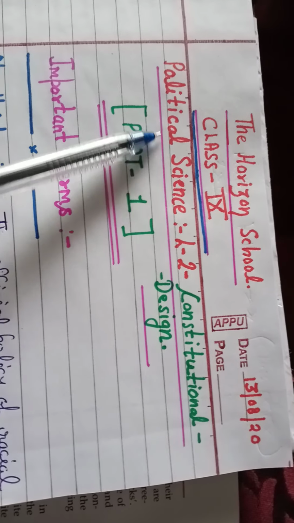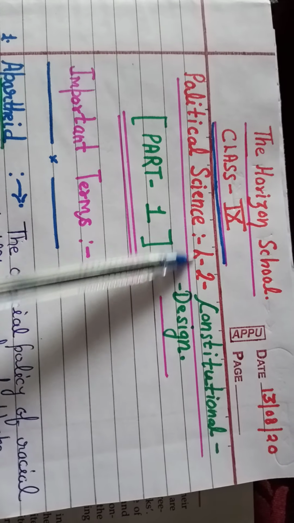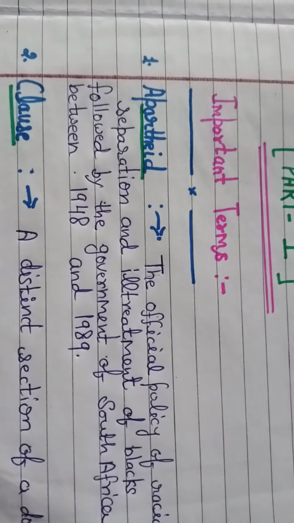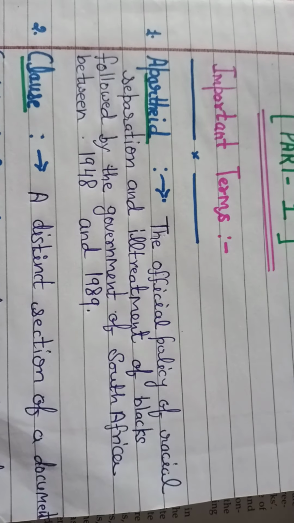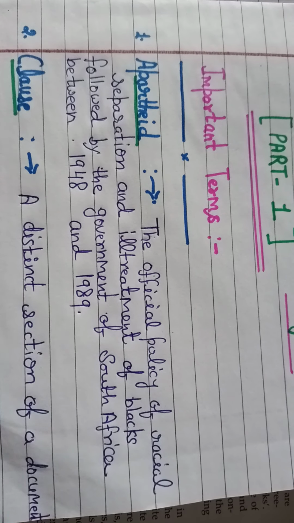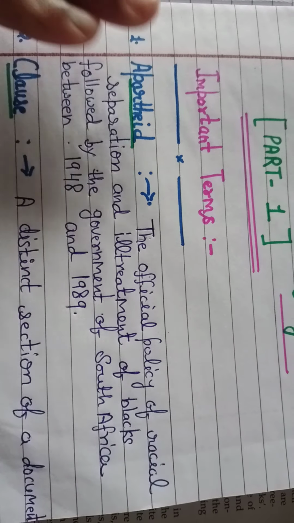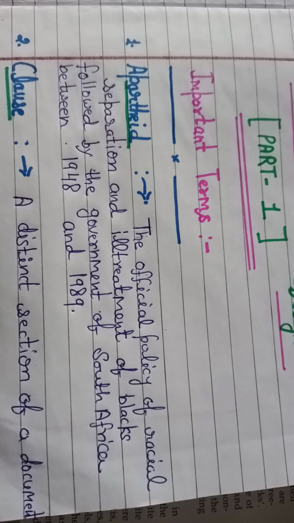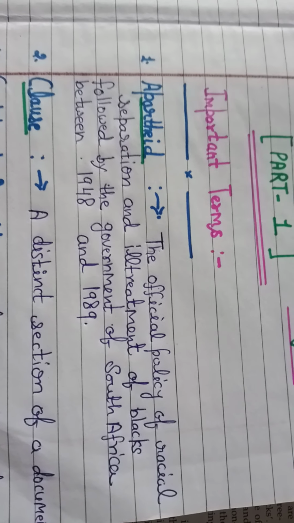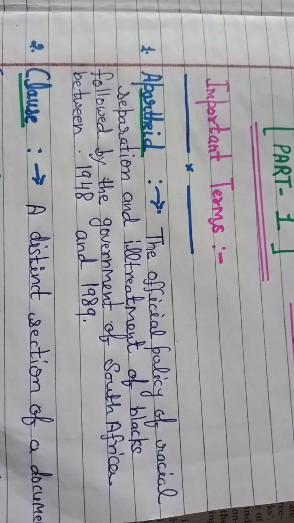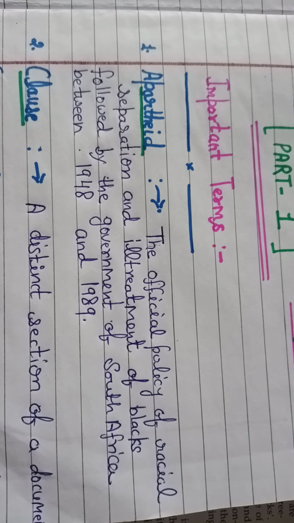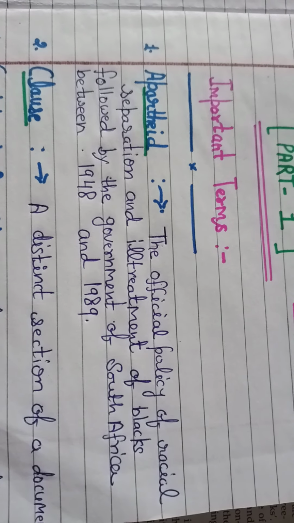Before starting the chapter, Political Science Lesson 2, Constitutional Design, Part 1, I want all the students to make notes of important key terms, that is, what is the meaning of these particular terms, which will help you understand the chapter when it is explained. And for 1 mark questions, for true false, these definitions can be asked in various ways.